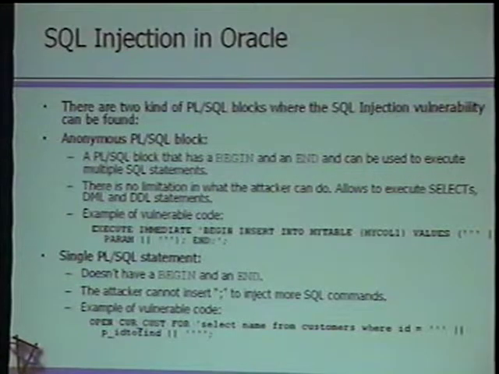Depending on where the SQL injection vulnerability is found, it can be divided into two groups: when the SQL injection vulnerability is in an anonymous PL/SQL block, and when it is in a single PL/SQL statement. When it is in an anonymous PL/SQL block, the block starts with BEGIN and ends with END, and can be used to execute multiple SQL statements.